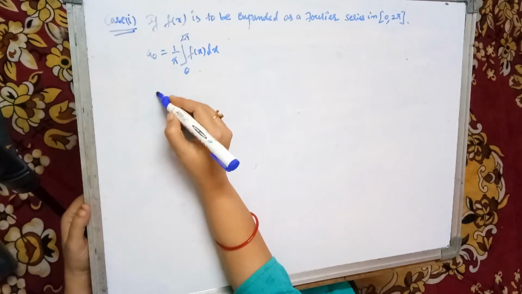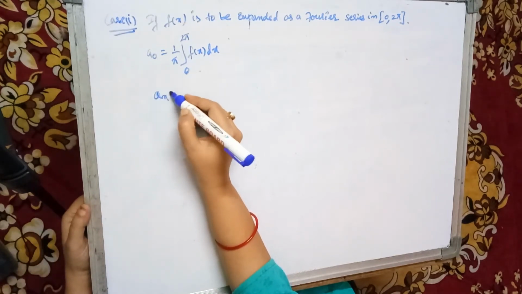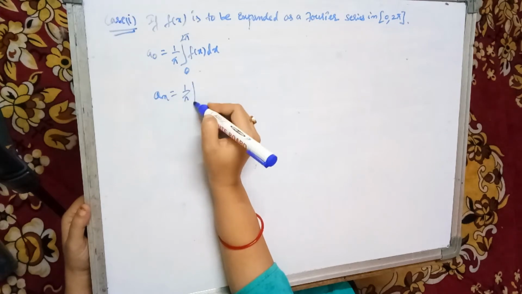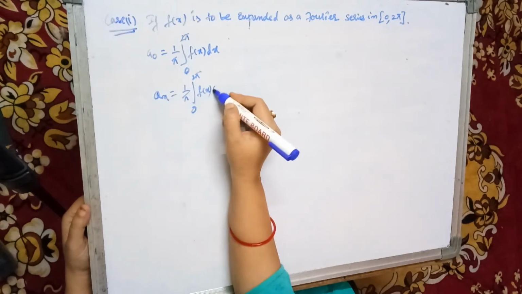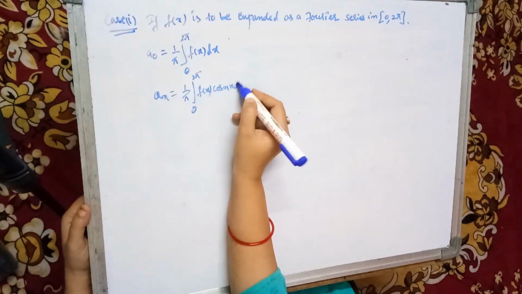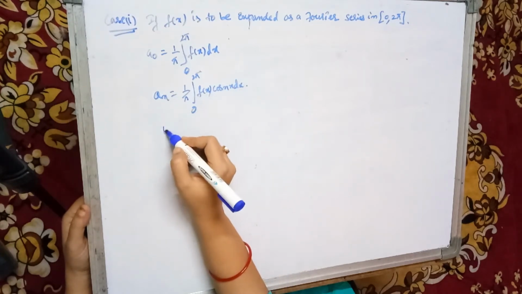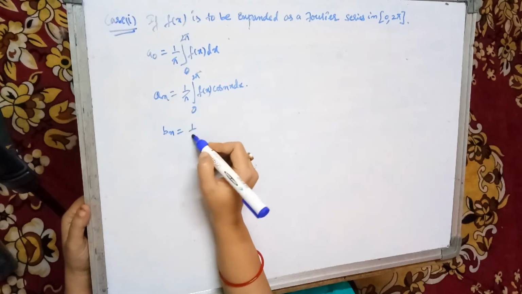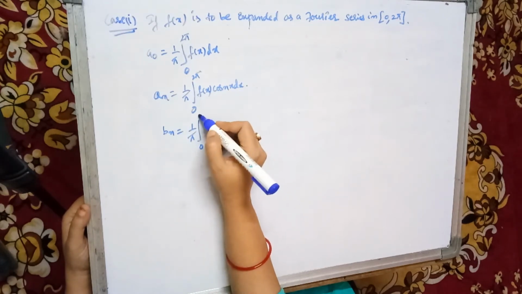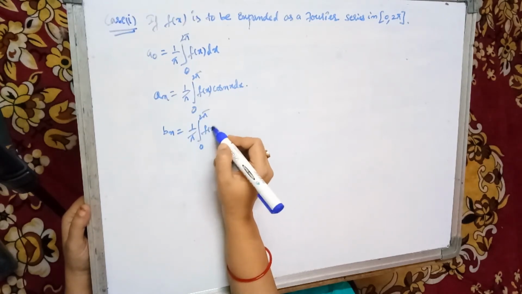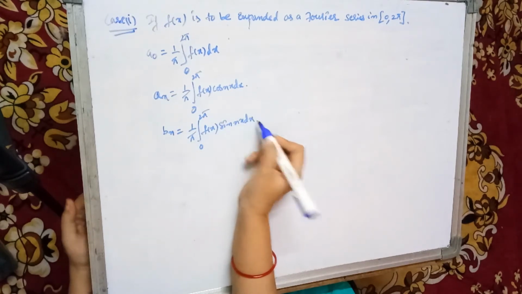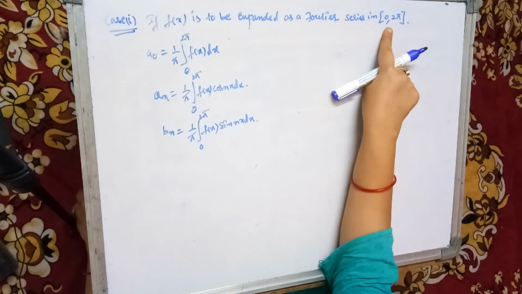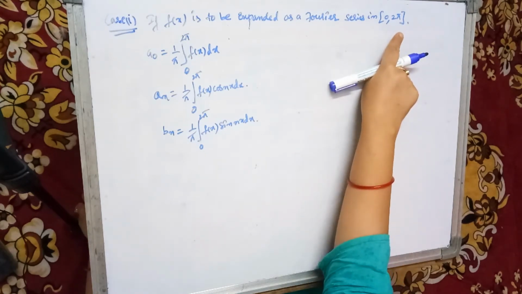An is equal to 1 by pi integrating 0 to 2 pi f of x cos nx dx. bn is equal to 1 by pi integrating 0 to 2 pi f of x sin nx dx, when it's given in the interval 0 to 2 pi.